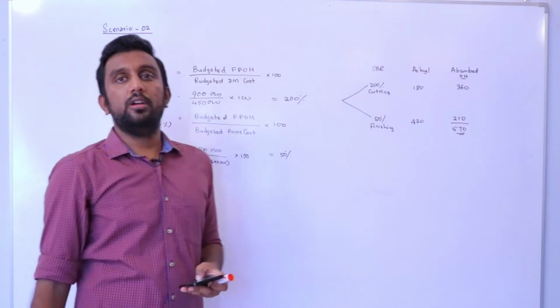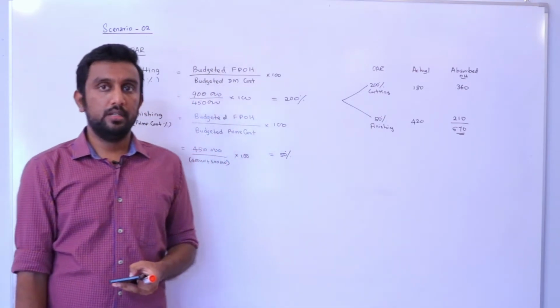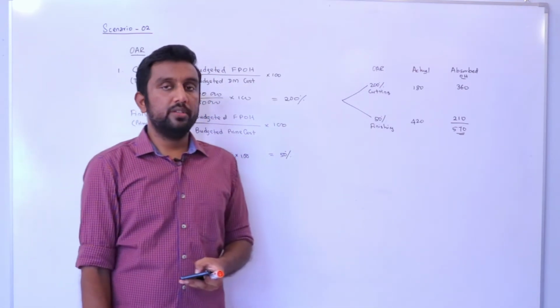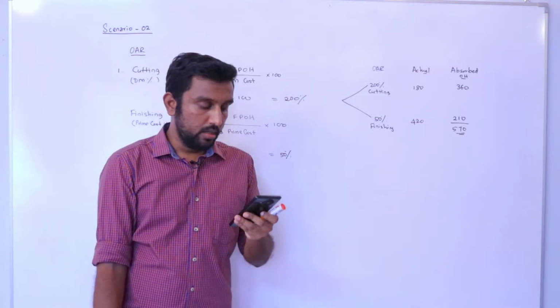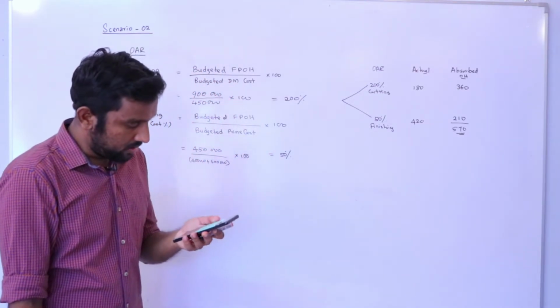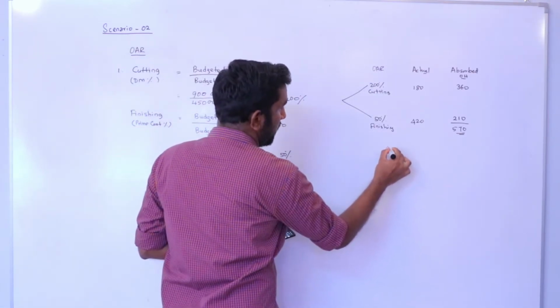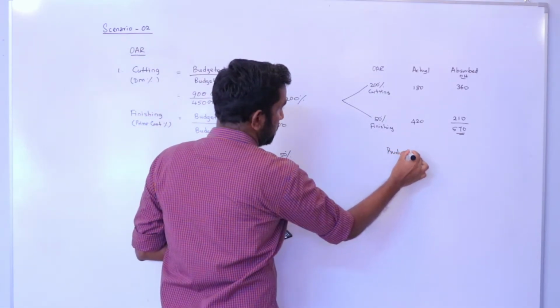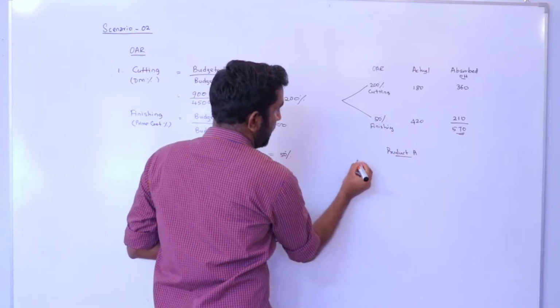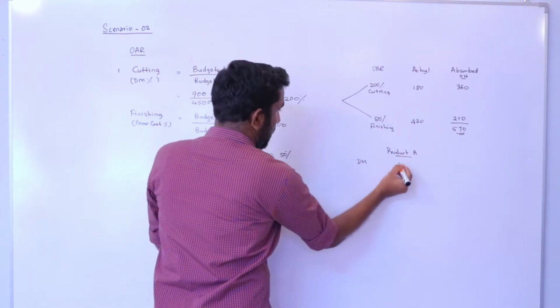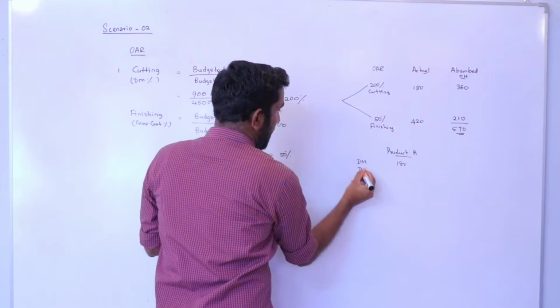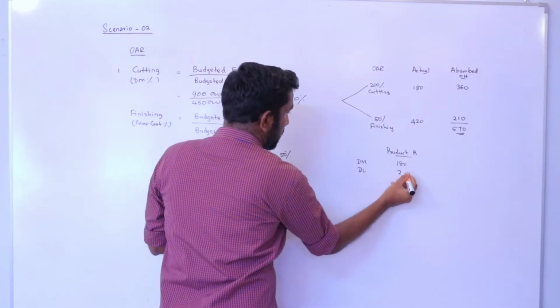We have only one product, 2 departments. Therefore, my absorbed overheads are 360 plus 210. So the second question is the cost of production. For product A, they gave direct material 180 and direct labor 240.